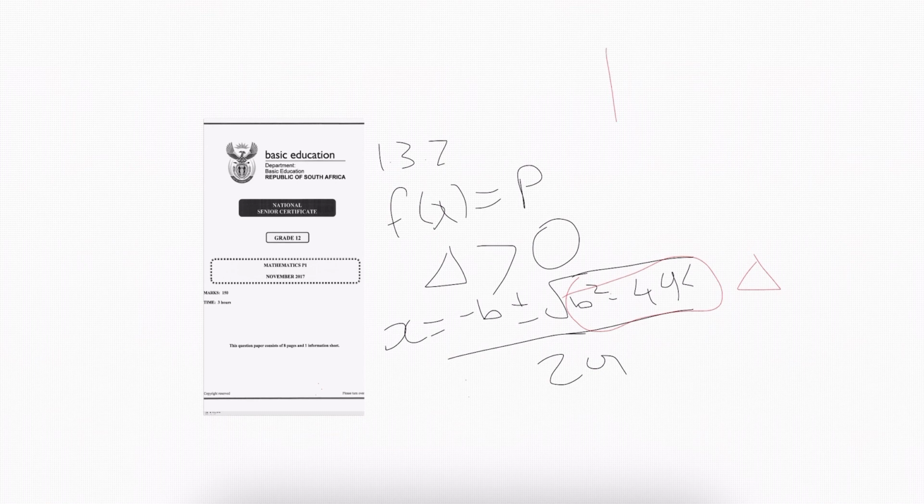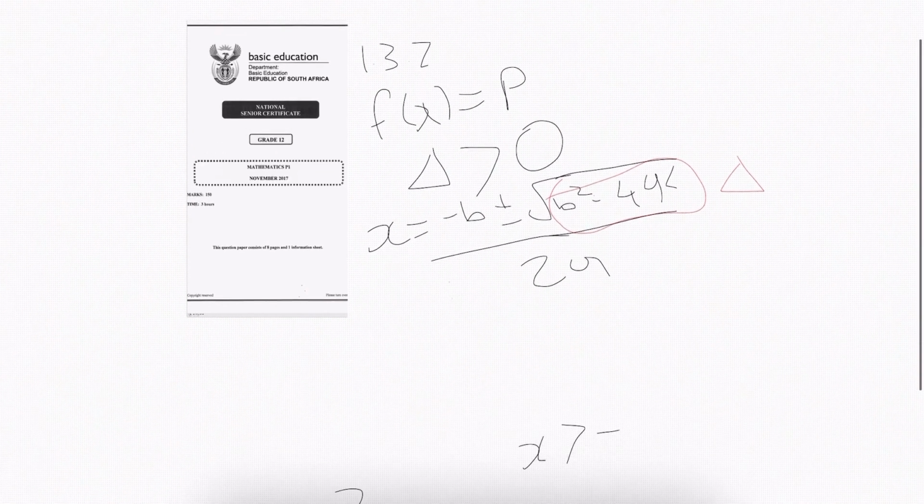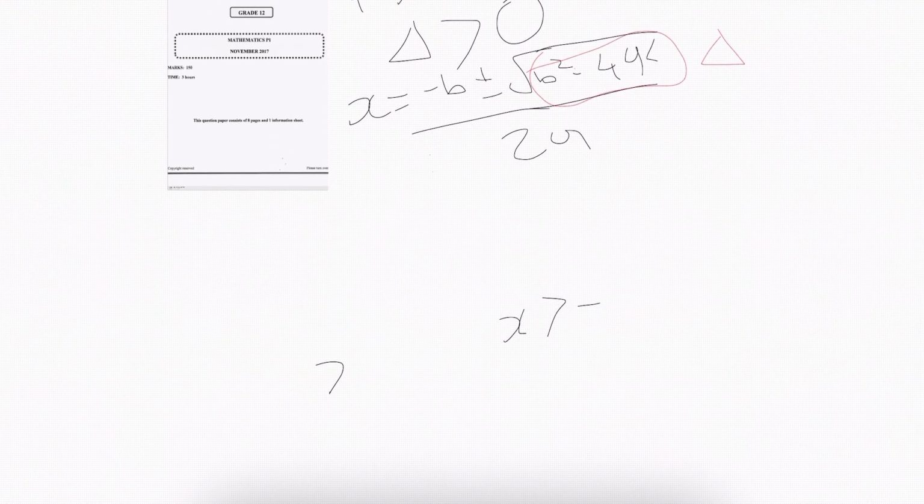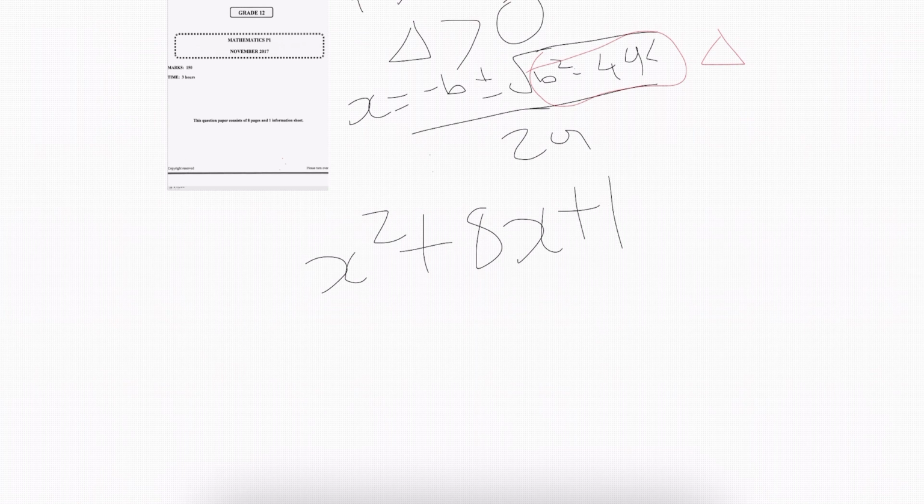Let's rearrange our problem nicely so we can determine the discriminant. We forgot to delete this. Let's delete. Okay, cool. So our function f at x is x squared plus 8x plus 16, and they said this is equal to p.